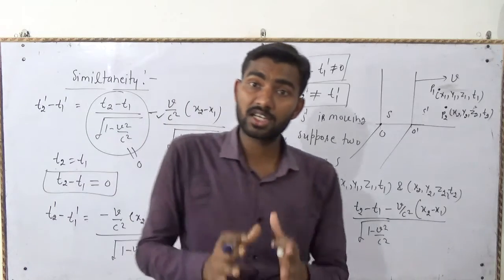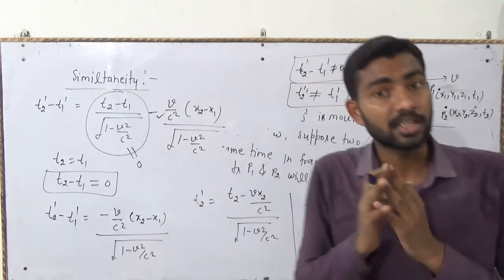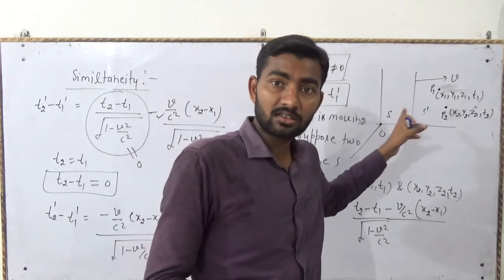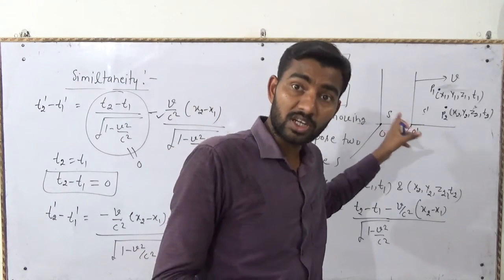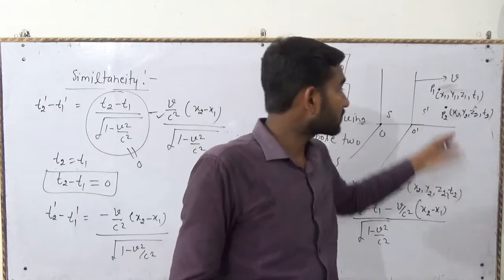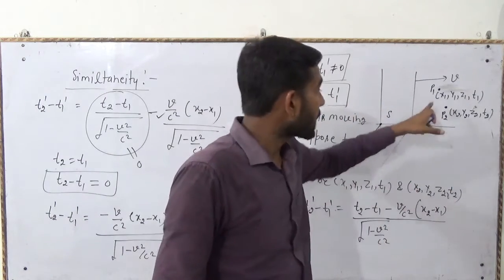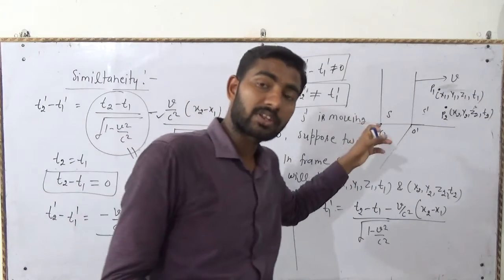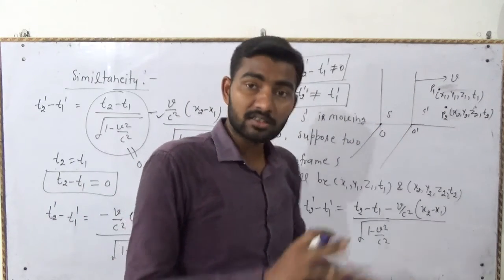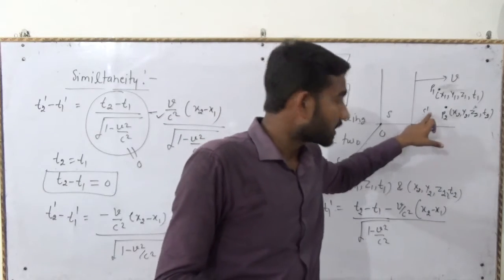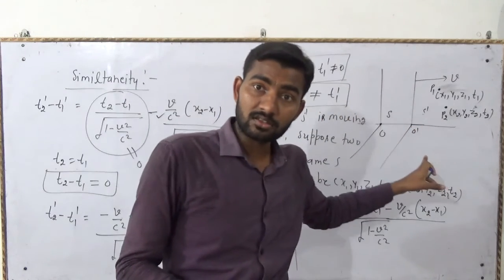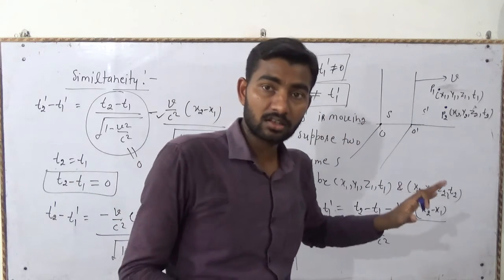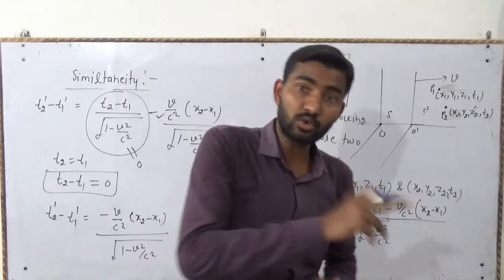If frame S dash is moving with uniform velocity v, then the two events which were simultaneous in frame S, which was at rest, are not simultaneous in frame S dash with origin O dash. Here we have proved it is not simultaneous in the moving frame of reference.